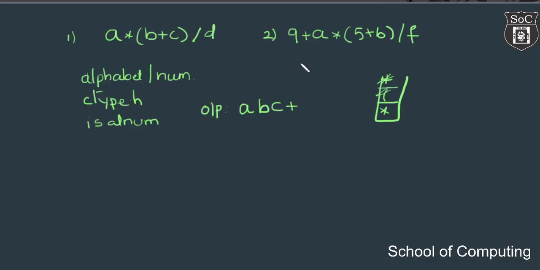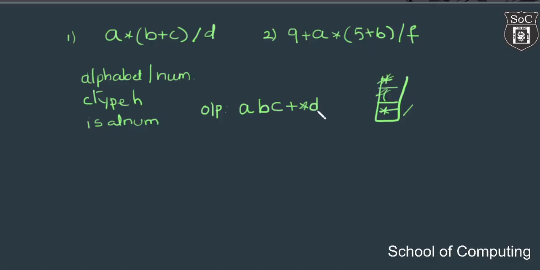Then after the closing parenthesis I find a slash. You know very well slash can't come and sit on top of the stack because a star which has equal priority is already present at the top. So star needs to be popped. Then slash can be accommodated in the stack. After slash got accommodated in the stack, the next character is D, which is an operand.